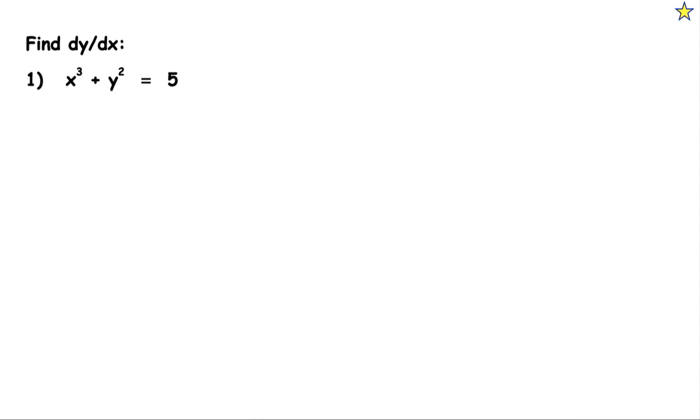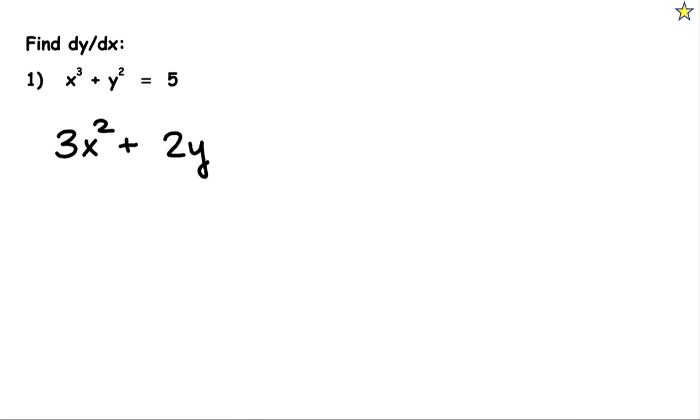All right, when we do implicit differentiation, we basically just plow straight through from left to right, taking derivatives as we go. So the derivative of x to the third is 3x squared, plus the derivative of y squared is 2y to the first, or just 2y.